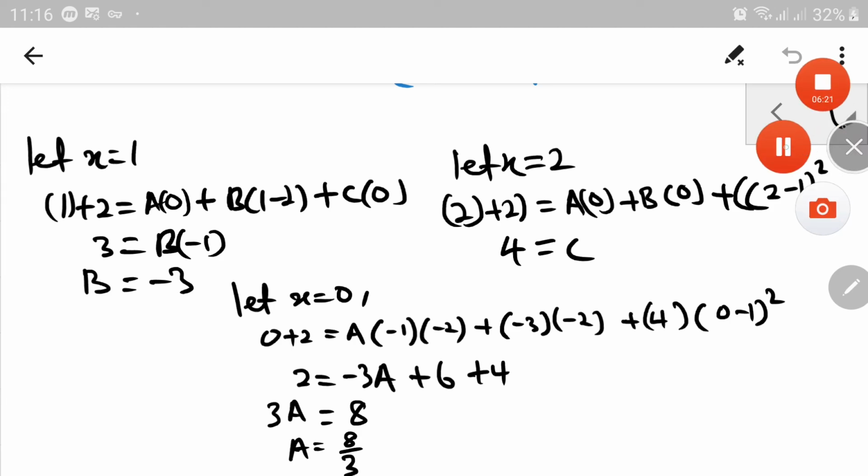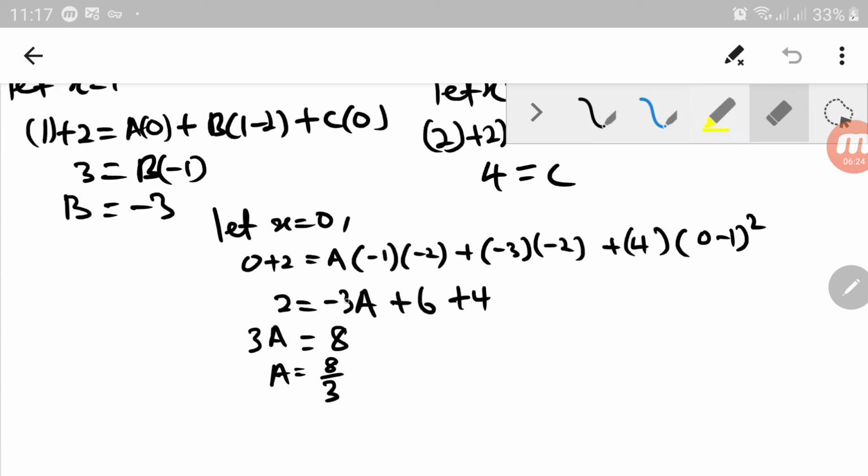Oh, my multiplication is also wrong. It's not 3, it's 2. So A is 4, B is minus 3, and C is 4. I think I made a mistake. Oh, it's a minus, and then minus 4.